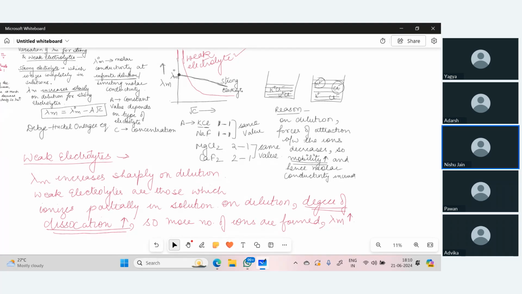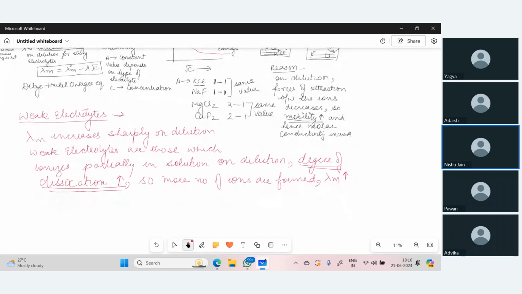That I will not start today. So just write one line: lambda m naught for weak electrolytes cannot be calculated from the graph.